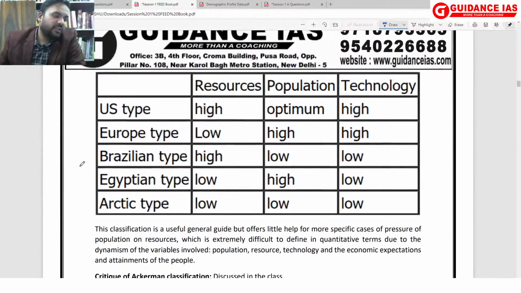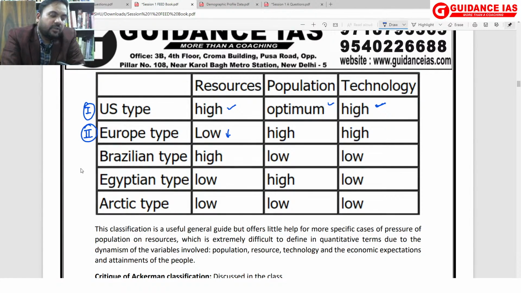Here you can see, resource level is high. First was the US type. Here resource is high, population size is optimum, and the level of technology is high. European type: resource levels are low, because resources have declined in Europe.